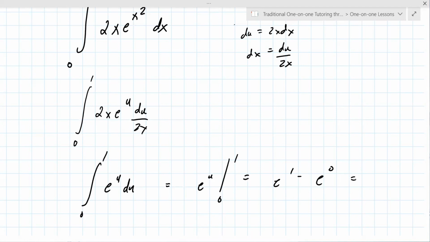Those cancel. E to the 1 is 0. E to the 0 is, wait, is e to the 1 0? It's e. Yeah, e to the 1 is itself. Oh. E to the 1 minus 1. So then that's all you can do, right? That's right. Okay.